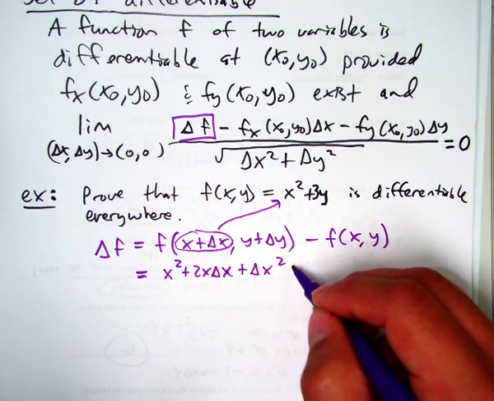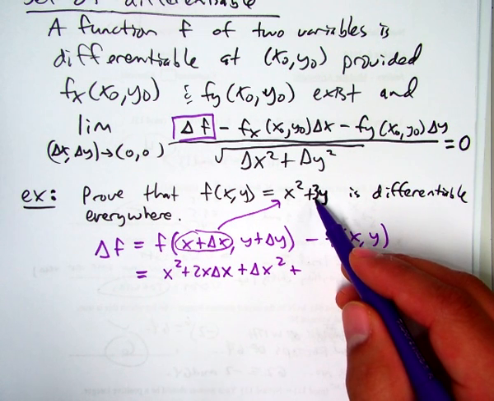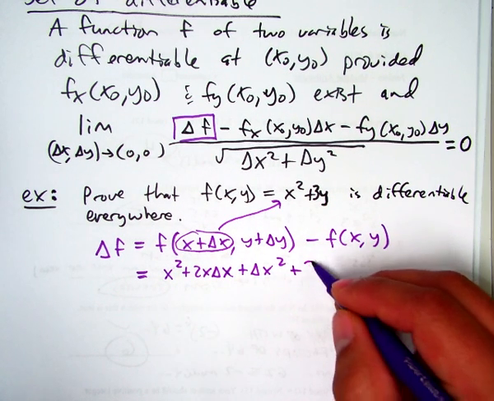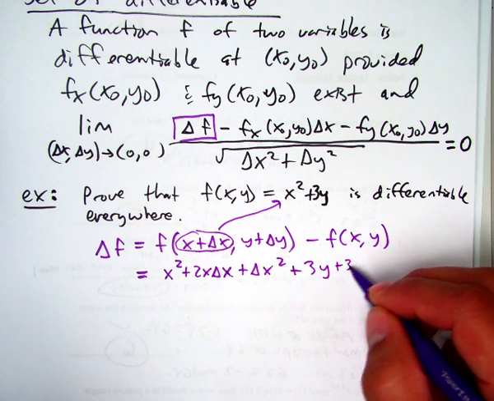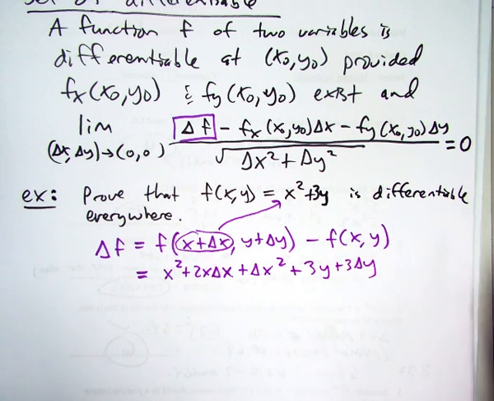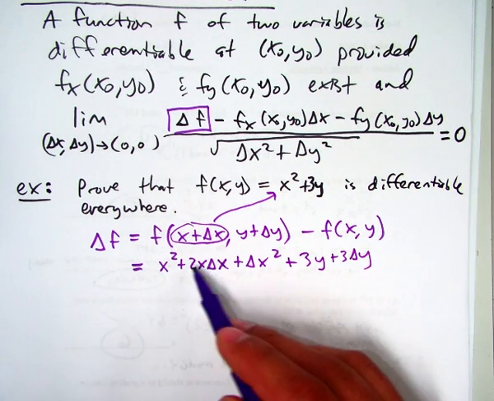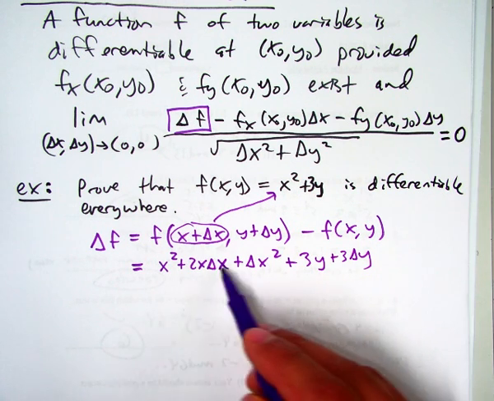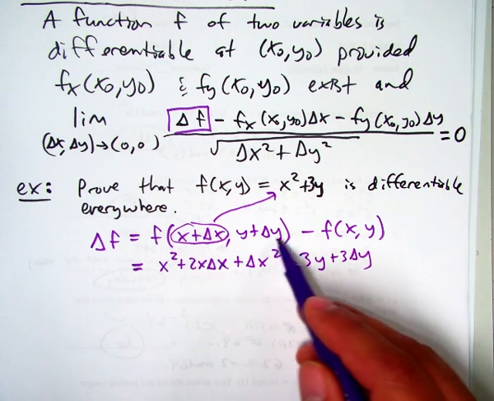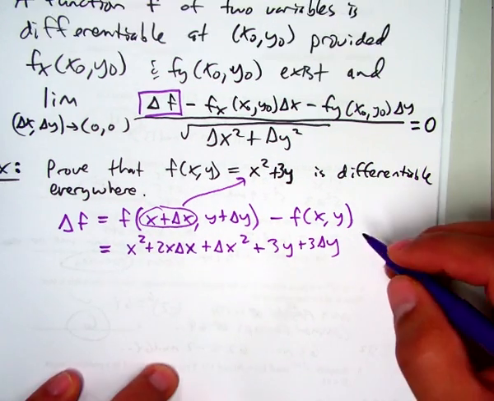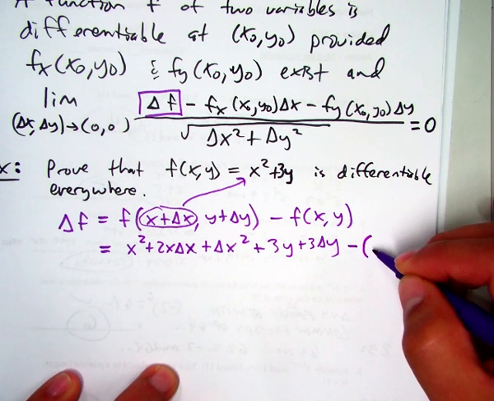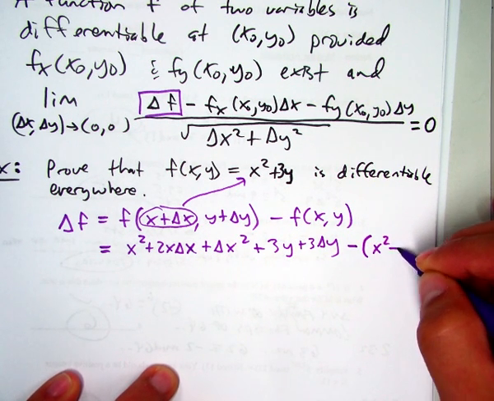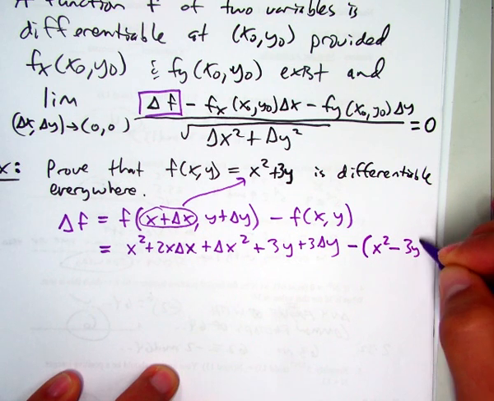Plus, I'm not done yet. I have 3y, right? So 3 times y plus 3 delta y if I plug it in. So this whole expression here represents just this first half. Okay? And now we're going to subtract f of x, y, which is x squared plus 3y.